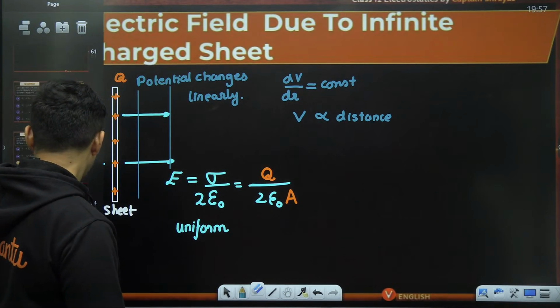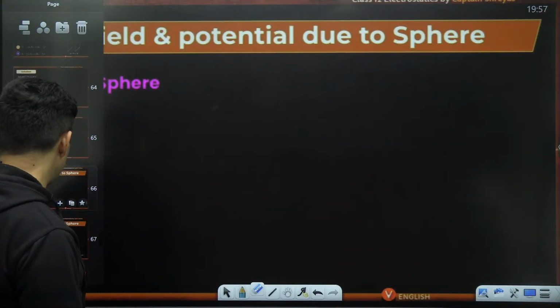Next important thing is for the shells and the spheres.